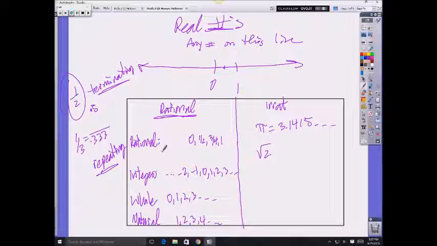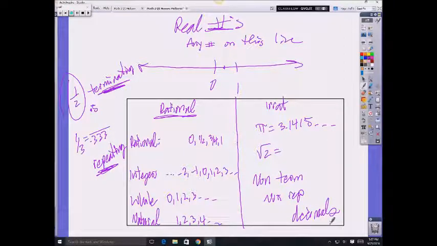So if you try to change these to decimals, they are not terminating and they are not repeating. So if you try to approximate square root of 2, it doesn't end, but it does not repeat. So the definition of irrational is non-terminating, non-repeating decimals. Decimal approximations, I guess.